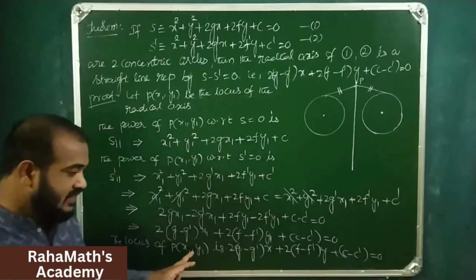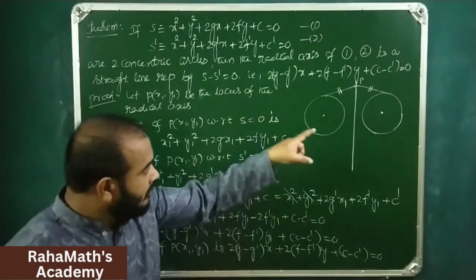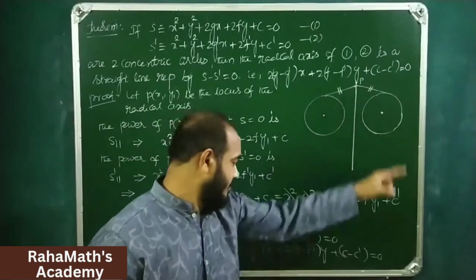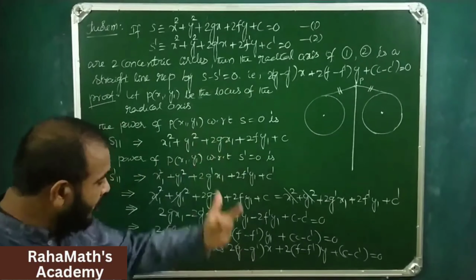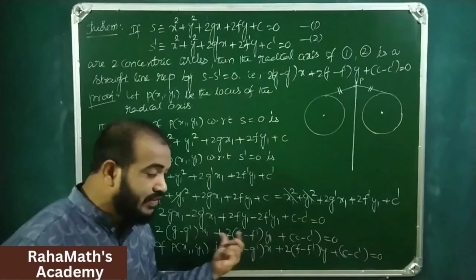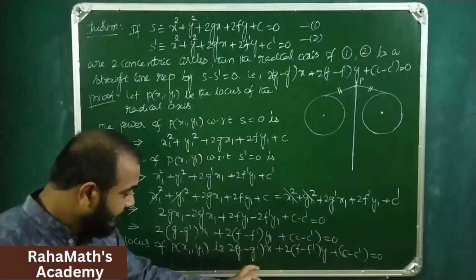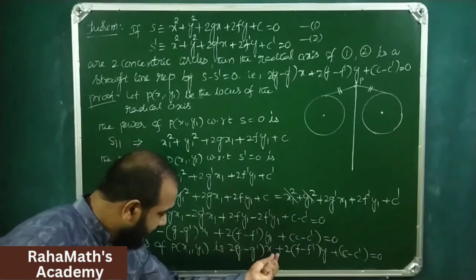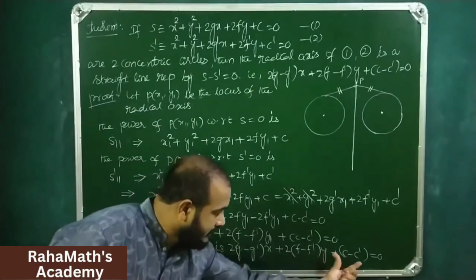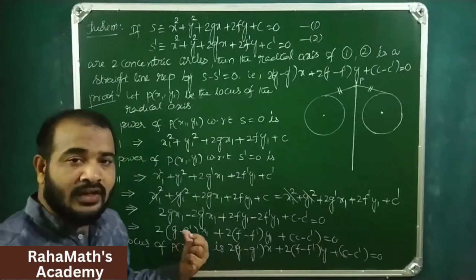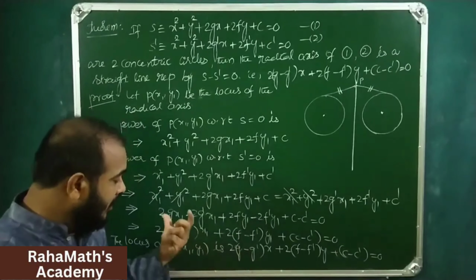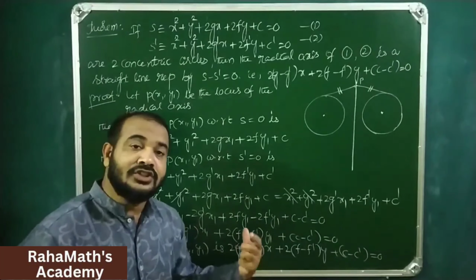So this is the behavior of one point in the plane, and generalizing x1, y1 to x, y gives rise to this. If you see this, it is of the form ax plus by plus c equals 0, which is the equation of a line in the general form.